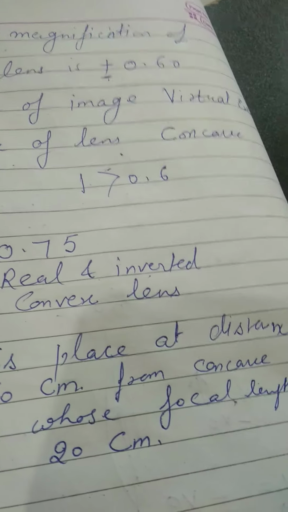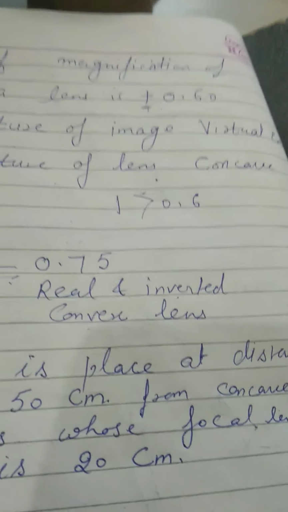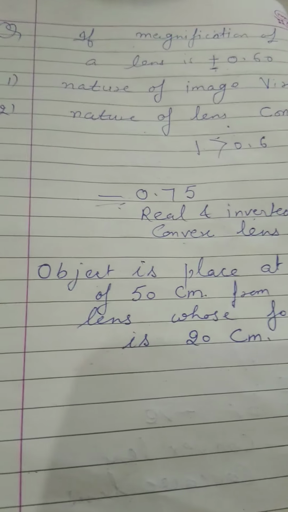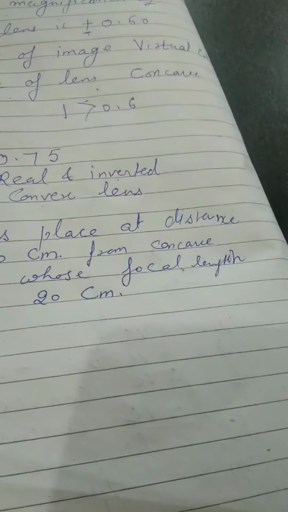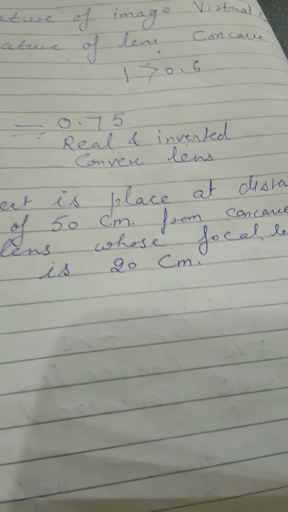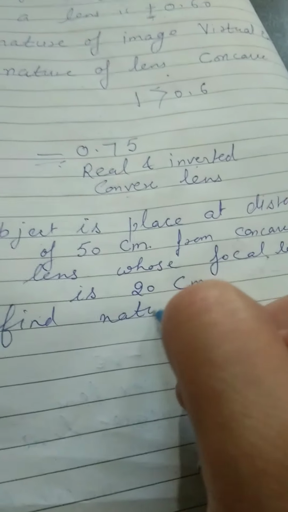Find the position and nature of the image. This is the question. The object is placed at a distance of 50 centimeter from the concave lens whose focal length is 20 centimeter. Find the nature and position of the image.